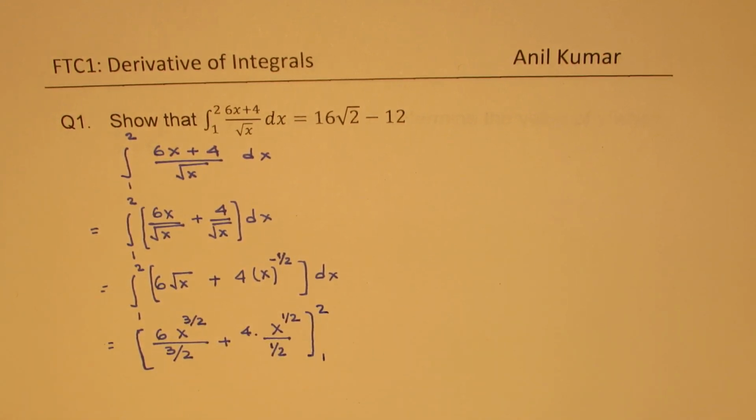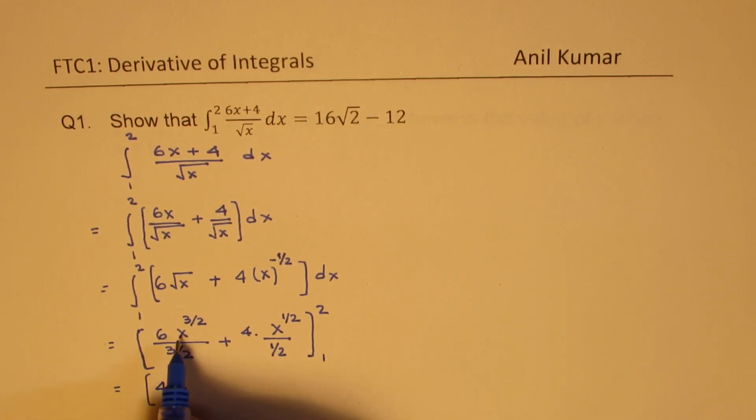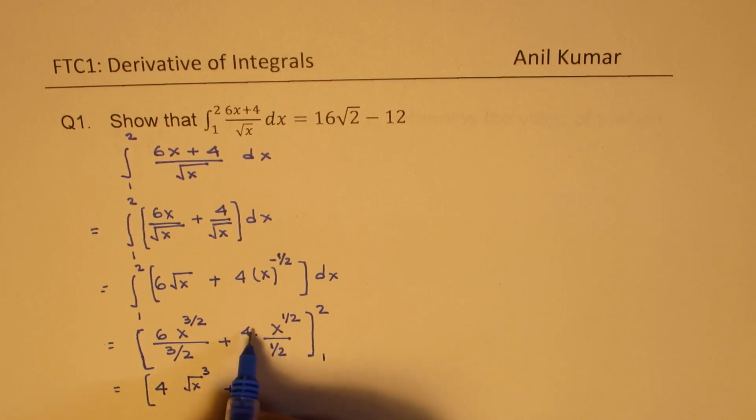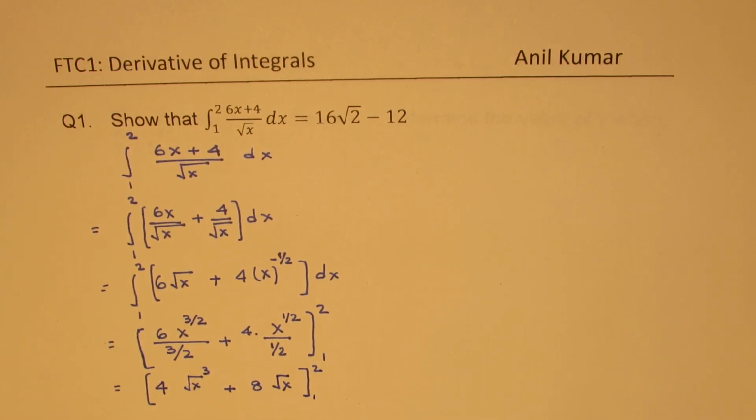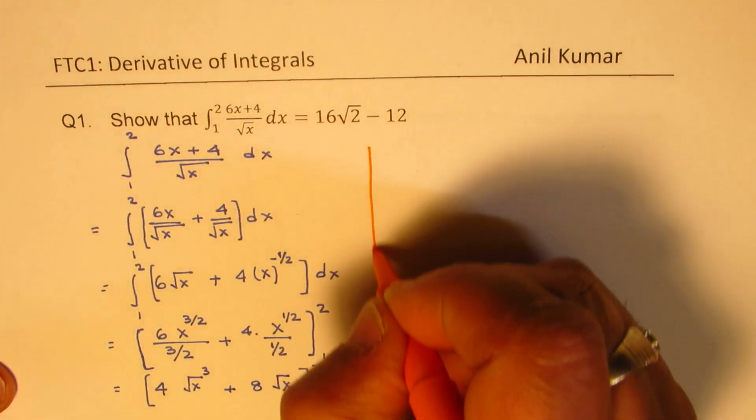Now multiplying and dividing, we get 12 over 3, which is 4. So 4 x square root of x cube plus 8 square root of x, from 1 to 2. So let's evaluate and show that this is equal to 16 square root 2 minus 12.